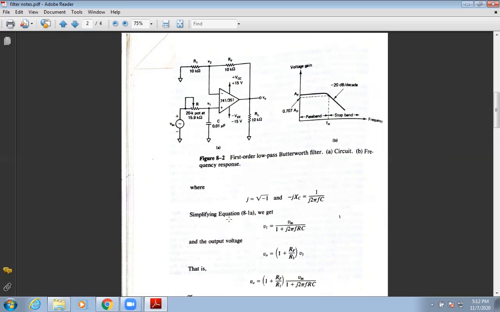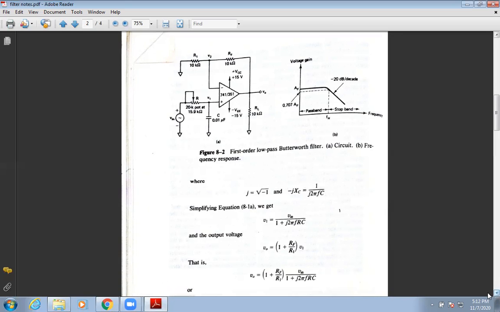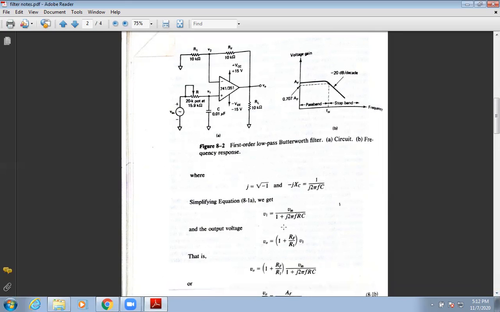Now if we simplify equation 8.1a, V1 is equal to V in upon 1 plus j 2 pi fRC, and the output voltage, as we know in case of non-inverting configuration, is equal to 1 plus RF by R1 into V in. In this case, V1 is the input voltage applied at the non-inverting terminal at node V1.